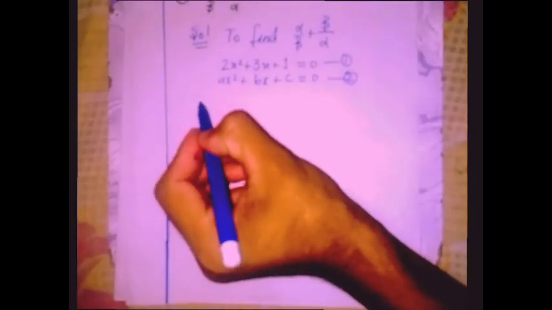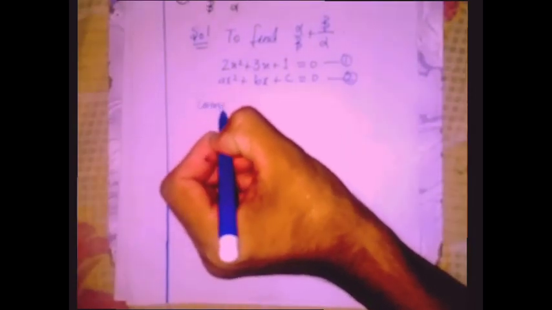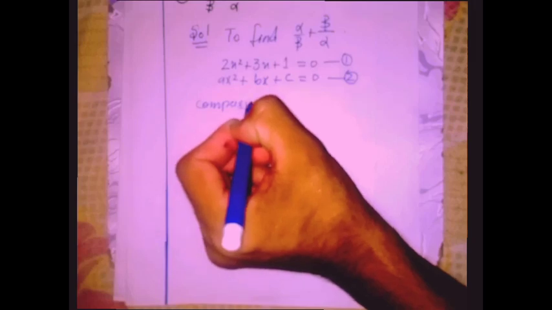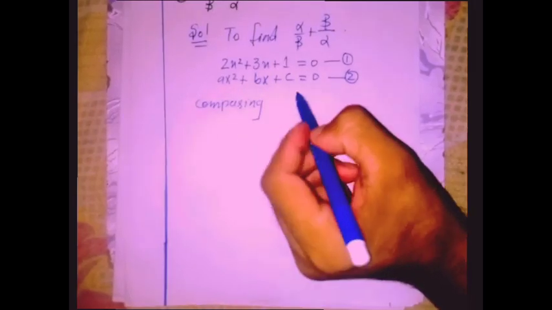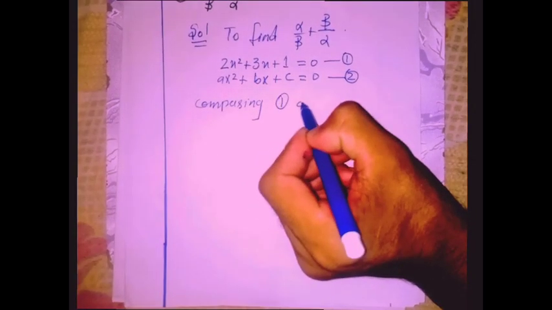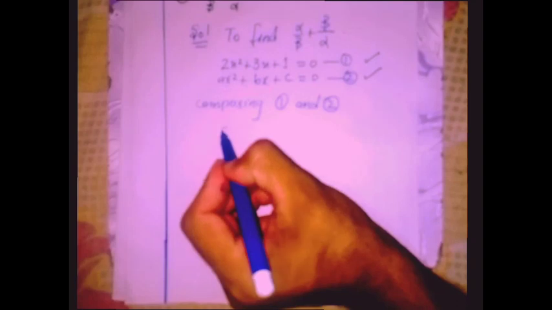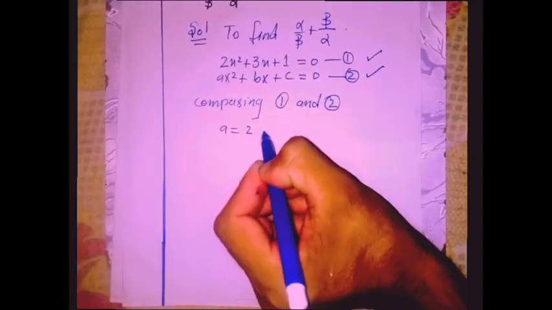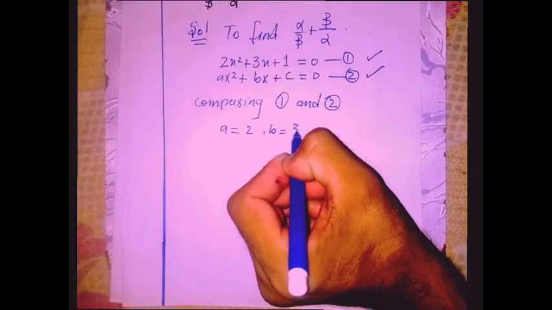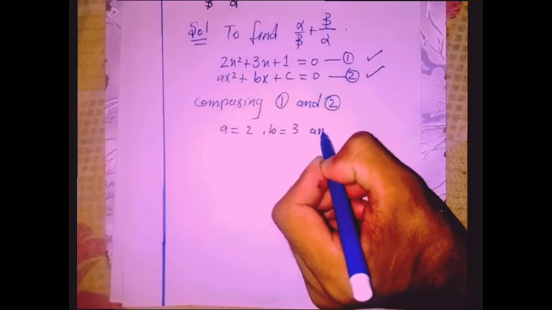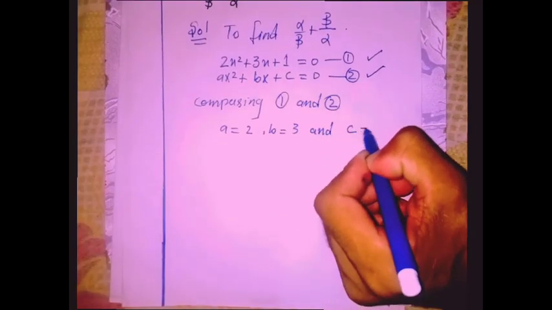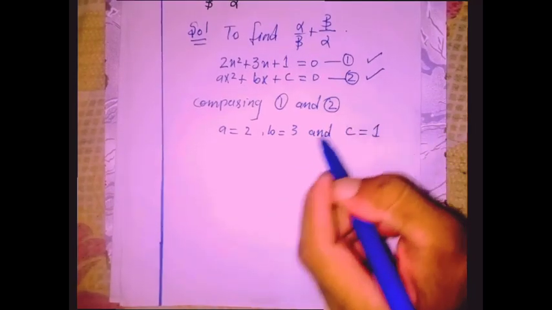And now we have to do the comparison of equation 1 and equation 2. So if we compare both equations, we get a is equal to 2, b is equal to 3, and c is equal to 1.